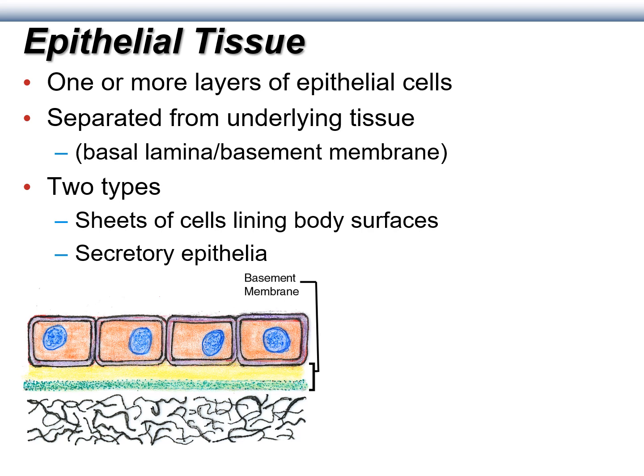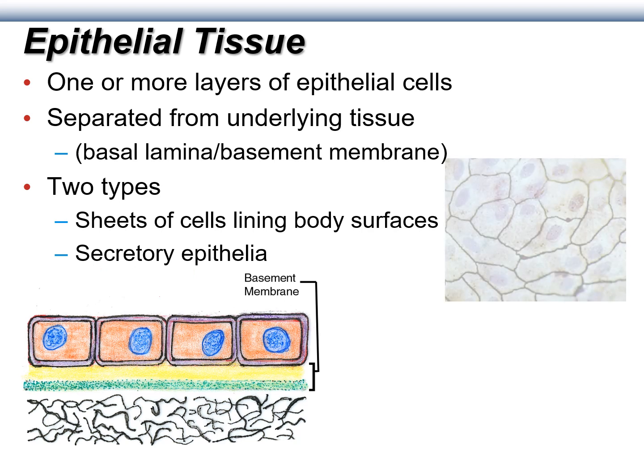If you look at your skin, you would think of sebaceous glands and sweat glands, or ductal epithelia, like in your pancreas, where next to the ductal epithelia are secretory types of cells. And so it's part of the epithelial spectrum, either sheets and/or secretory function in these cells.